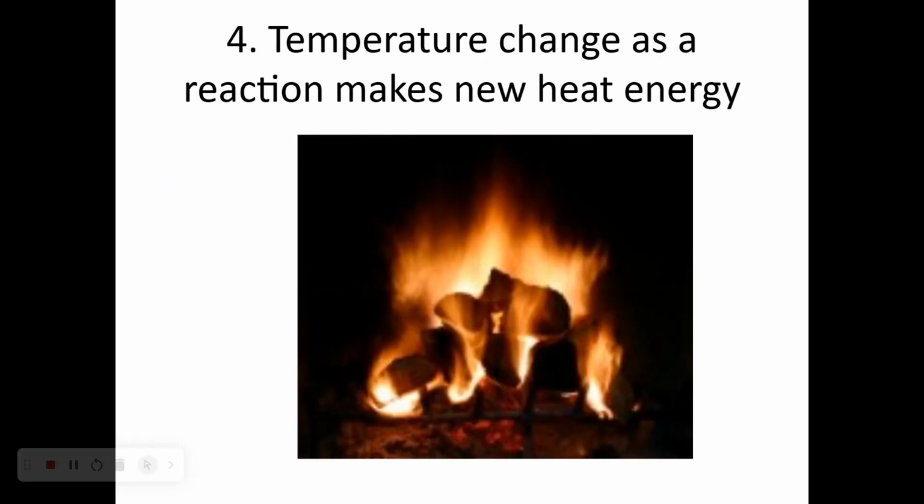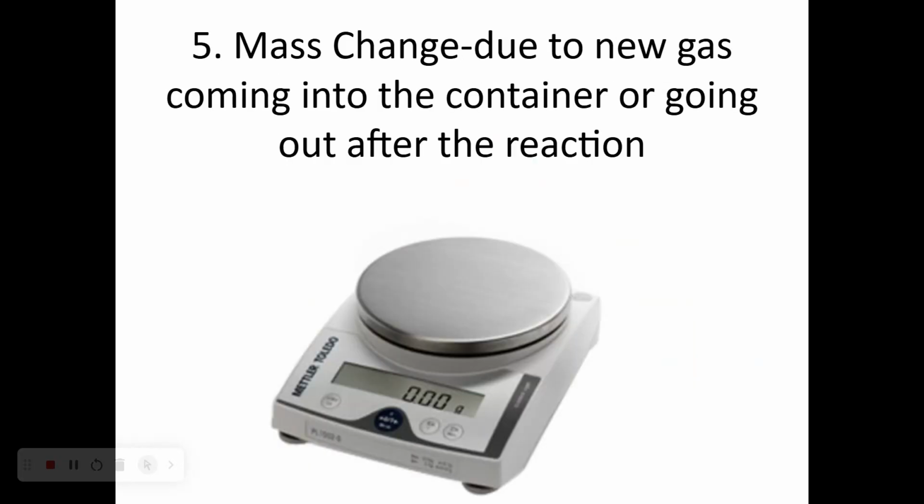Temperature change is also a sign of chemical change because the reaction that is occurring is creating new heat energy. So temperature change is another one. And finally, mass change. This is another tricky one. It's not just adding something new to the balance or taking something away. It's the idea that if you create a new gas, where is that gas going to go? Well, it's going to go out into the air because gases rise to fill their space.